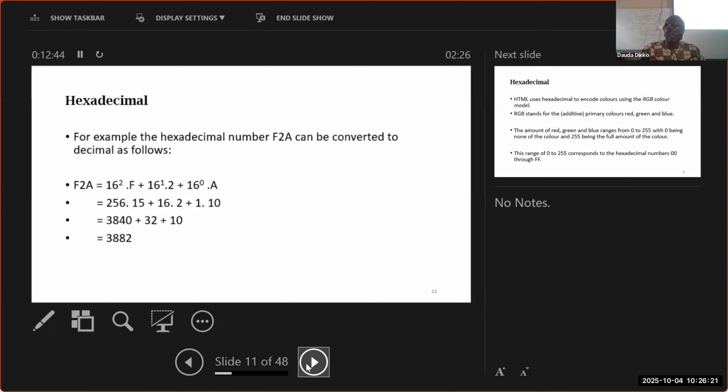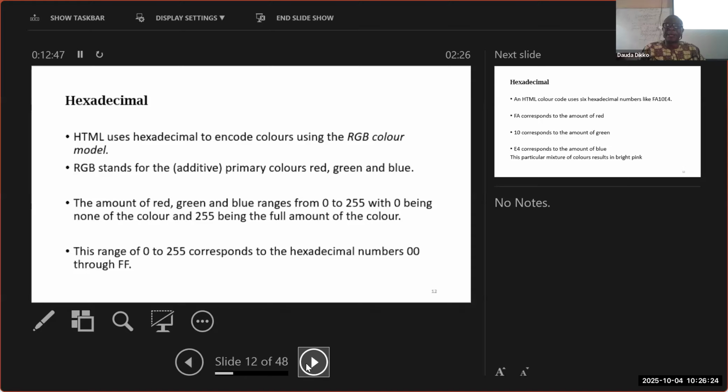It is possible to convert that decimal to a binary number. Now, one of the codes used by classical computers is HTML. HTML uses hexadecimal to code colors, RGB. RGB stands for the additive primary colors, R standing for red, G for green, and lastly B for blue.